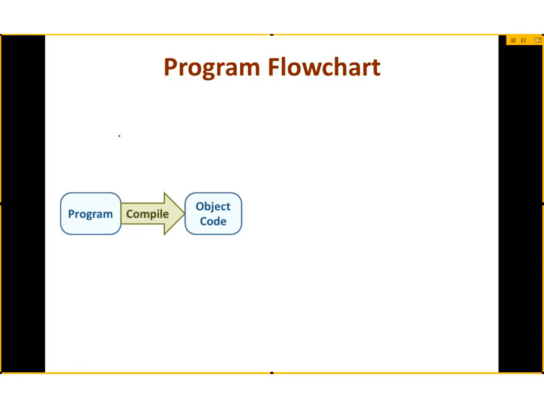That is to translate it from that higher level set of instructions to a much lower level set of instructions that can be better understood by the machine. But in the process of translating those high-level instructions to the low-level instructions, sometimes we make mistakes, what we often call syntax errors, bugs, in our computer program that make it impossible for the computer to compile the program, or in other words, to translate it.